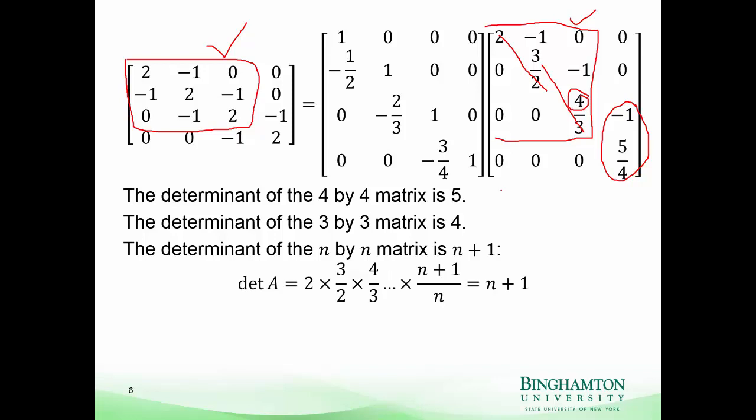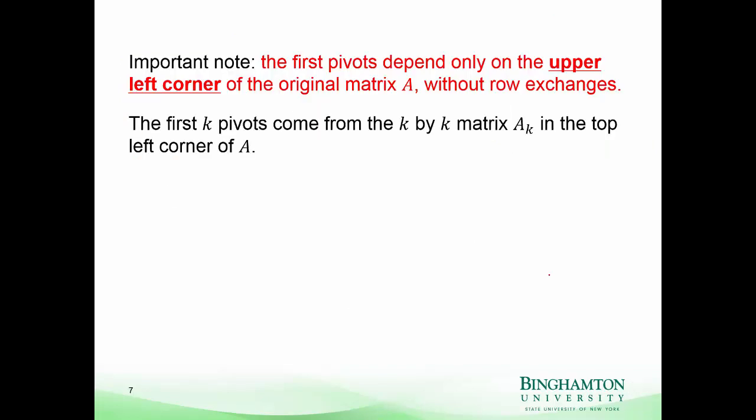And in general, we see that our pivot factors end up having cancellation, and that last n would get canceled from the previous term, and we're left with just the n plus 1. And so that's just illustrating a structure for this matrix that shows that it's easy to compute the determinant that way.